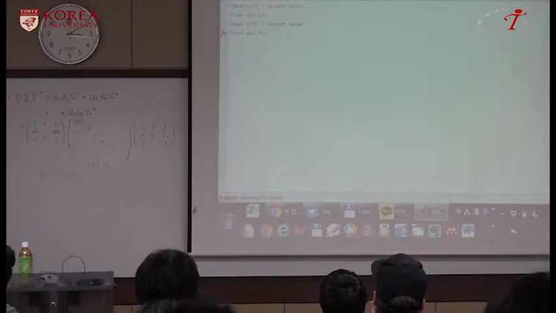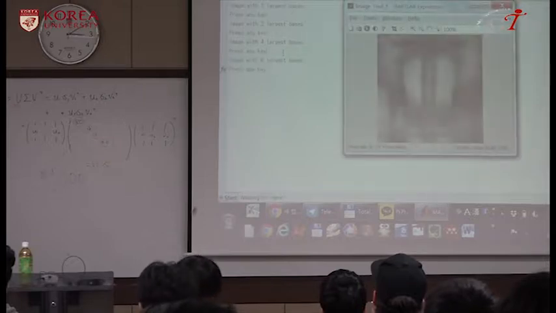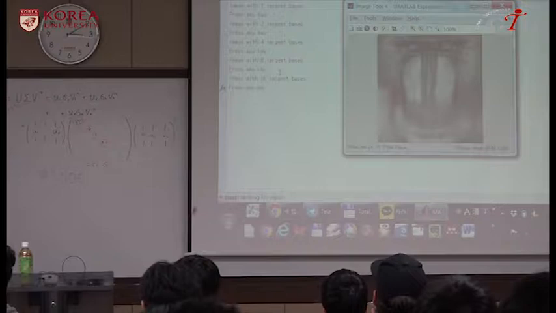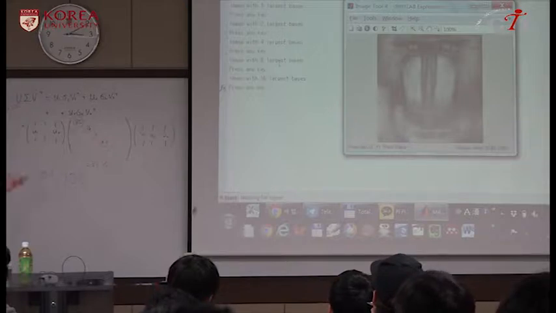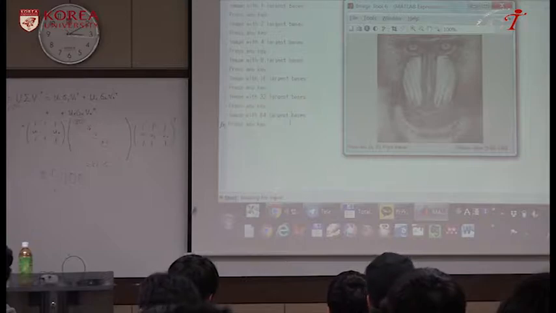Then let's use the 2 largest. A little bit better. Let's use the 4 largest. Let's use the 8 largest. What's this? Monkey. With the 8 coefficients, we are able to recover this kind of figure. With 16 coefficients, more realistic. With 32, more realistic. With 64, almost the same.